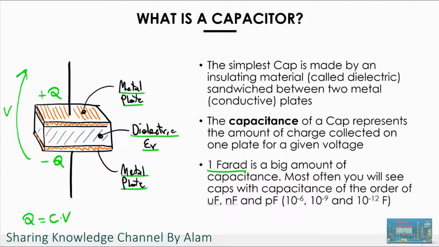For example, with typical scientific notation, microfarad, nanofarad, and picofarad, where each of these units of measurement means that you have 10 to the minus 6 farad, 10 to the minus 9 farad, and 10 to the minus 12. So for example, if someone gives you a capacitor that has a capacitance of 1 microfarad, you would know that the amount of capacitance of this capacitor is 1 over 1 millionth farad.